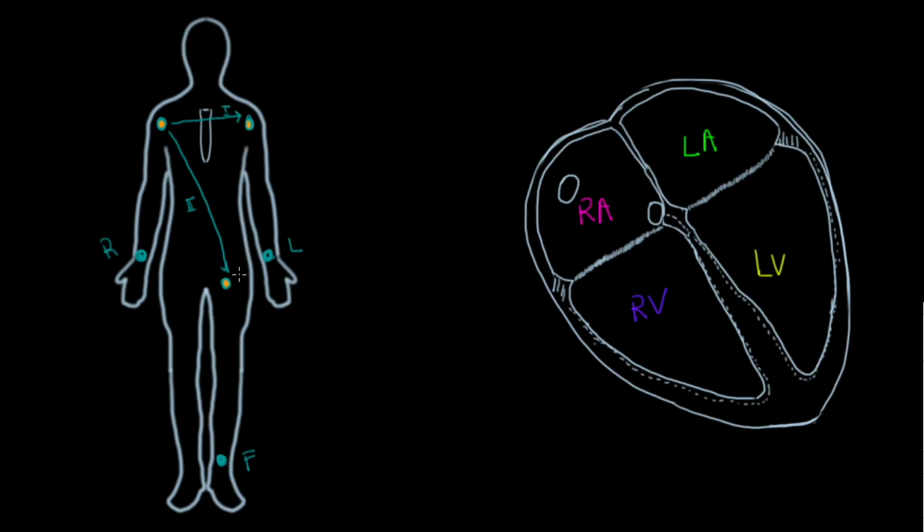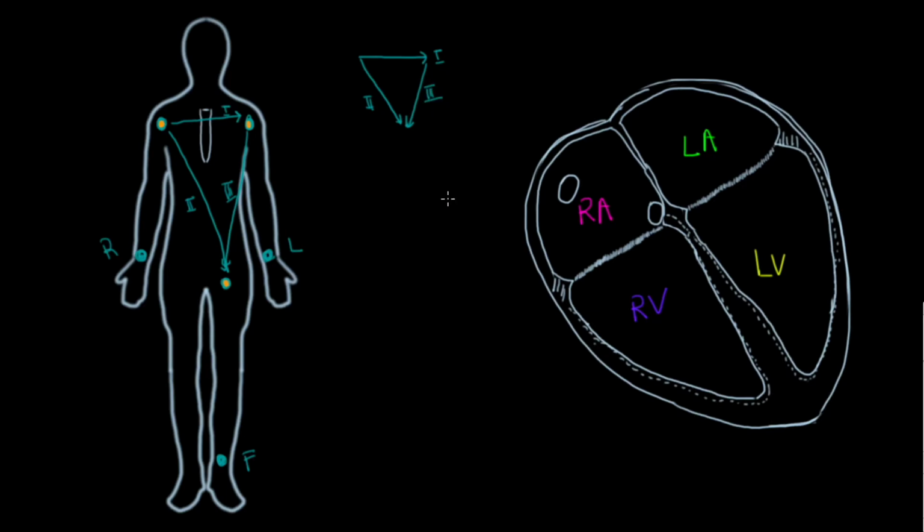And left arm to the foot, that should be lead 3. Right? So if we write this on the side here, that's 1. Down here to here is lead 2. And lastly, here to here, that's lead 3.